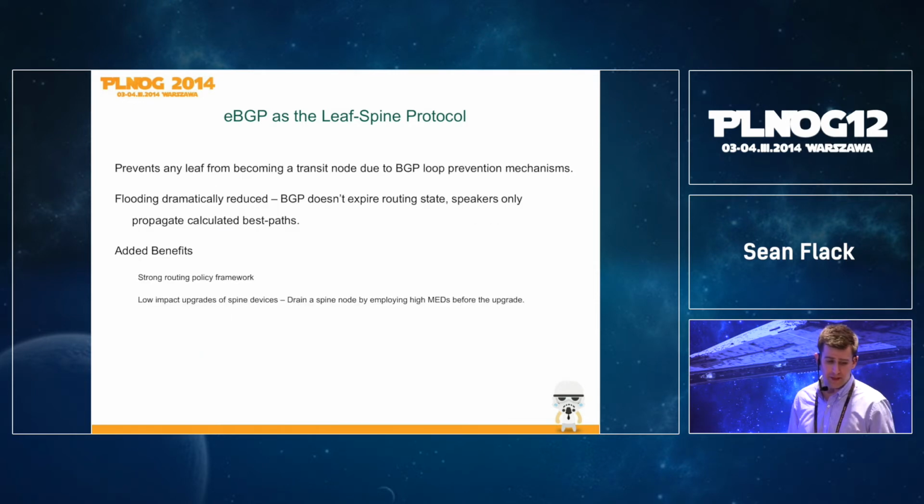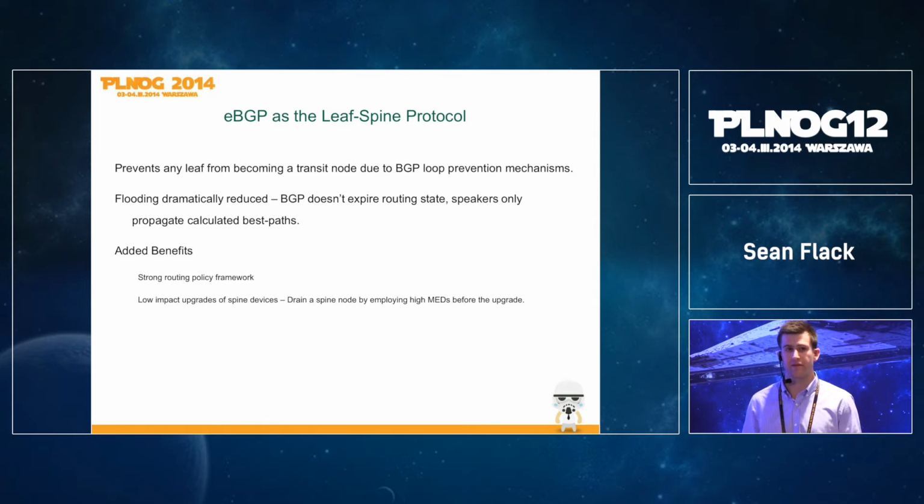Now, the nice thing about eBGP, we're preventing any leaf in the network from becoming a transport node purely because of the BGP loop prevention mechanisms. During a reconvergence, we're not allowing any traffic to go from one leaf switch to another. It will always go via the best path. Flooding is dramatically reduced. BGP doesn't expire any routing state.